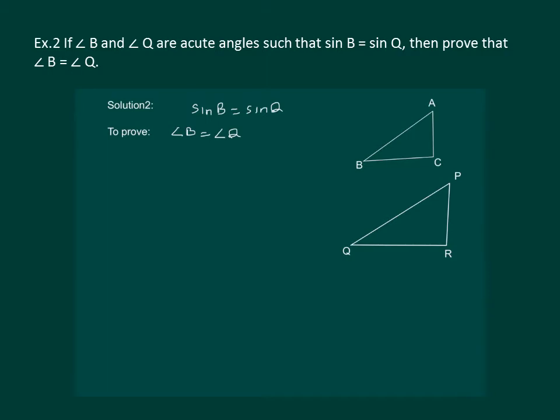We are given sine B equal to sine Q. So firstly, we have sine B equal to AC by AB, while sine Q equal to PR by PQ.